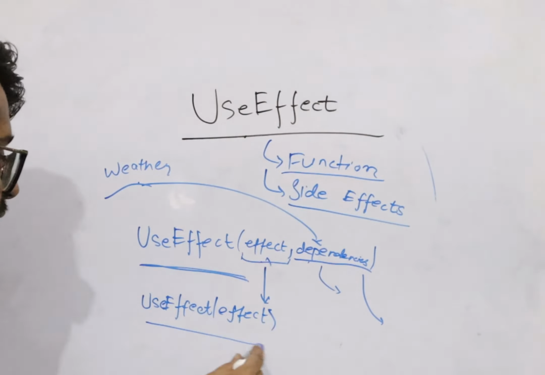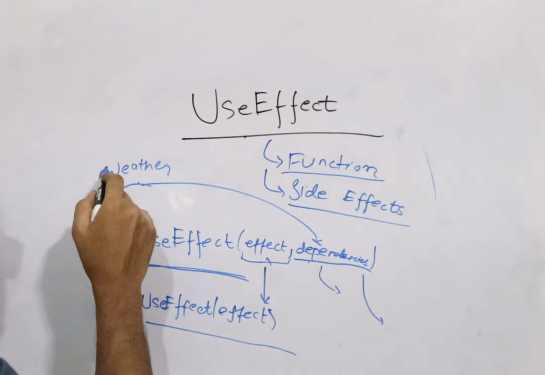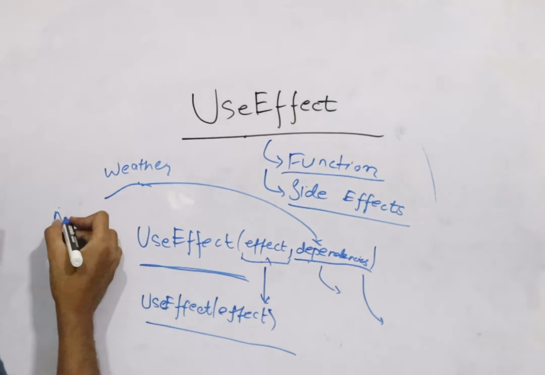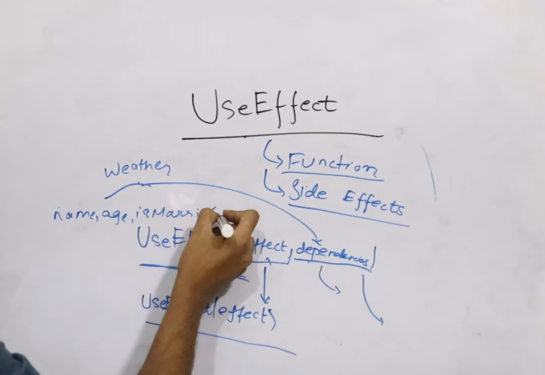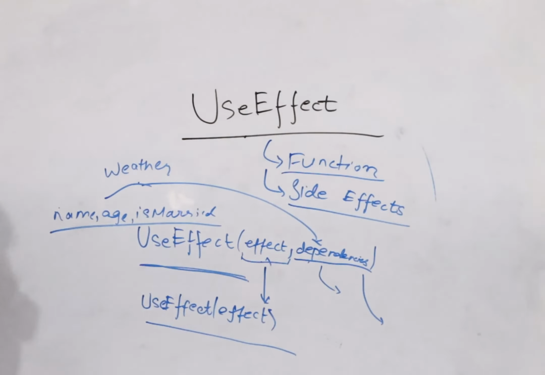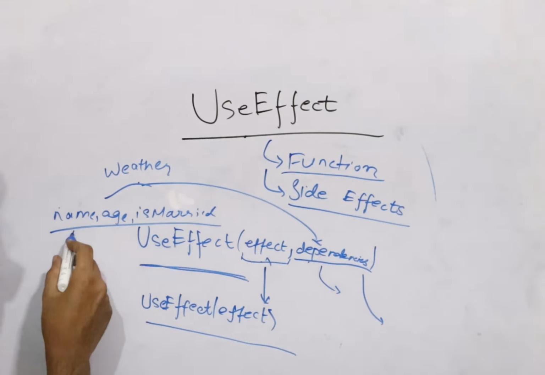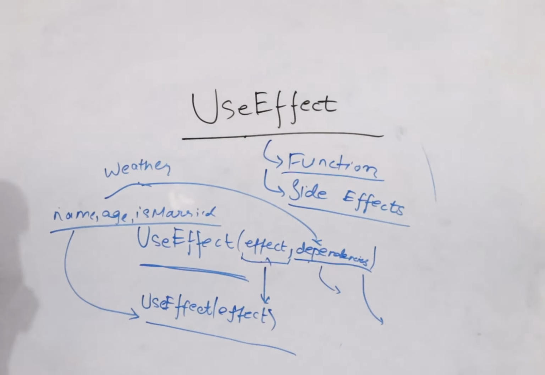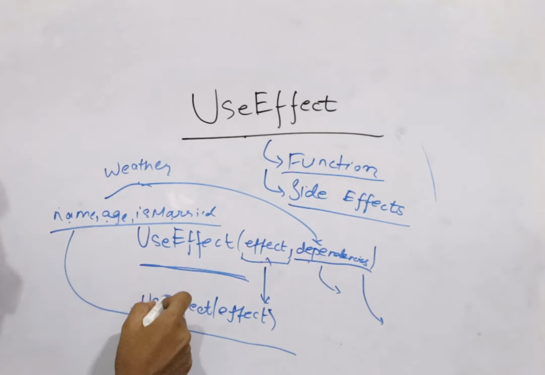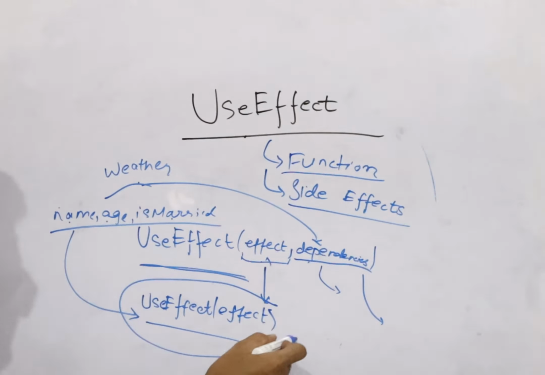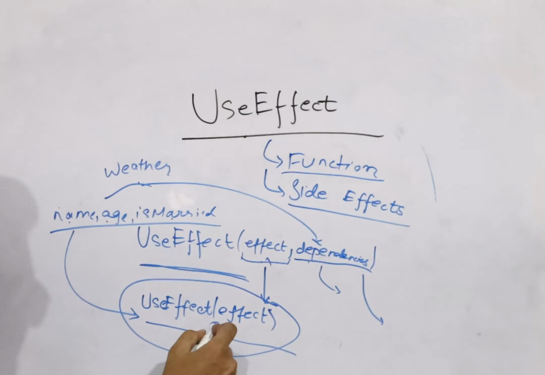So what will happen here is, let's say that we have three states in a React component: name, age, isMarried. When any one of them changes, name or age or isMarried, this useEffect hook will run, thus triggering the effect inside it.